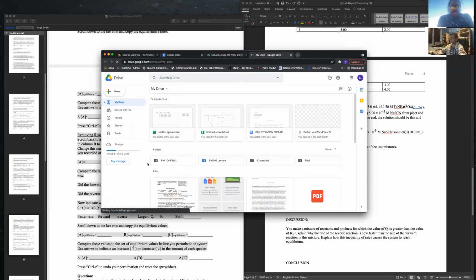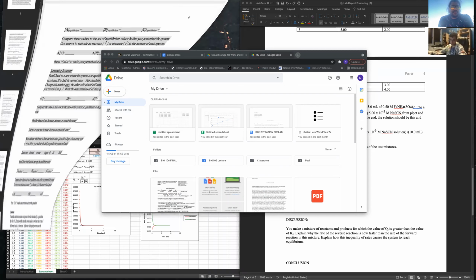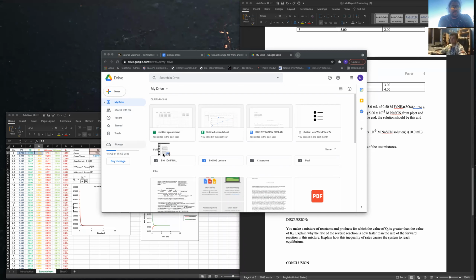Yep, drag and drop it there. Yeah, just throw it in. That's where.